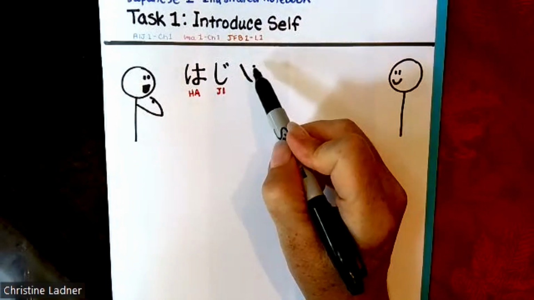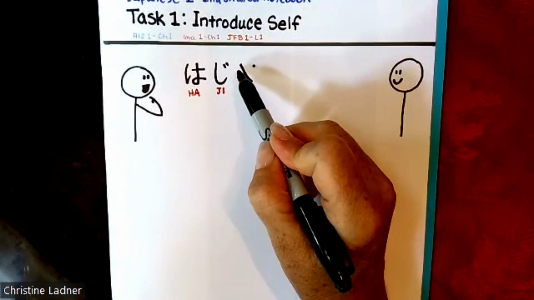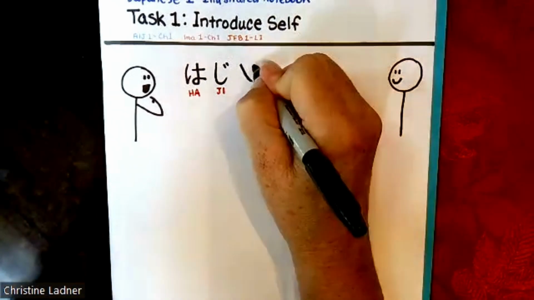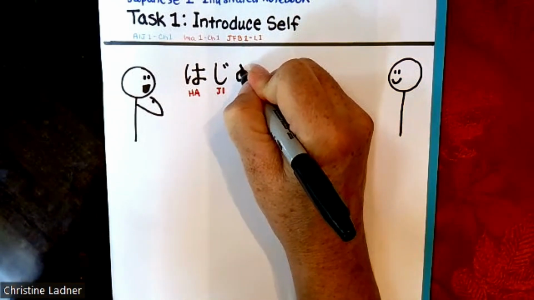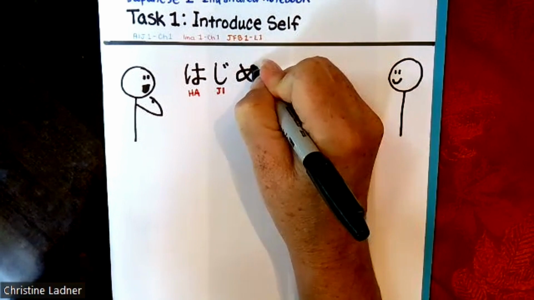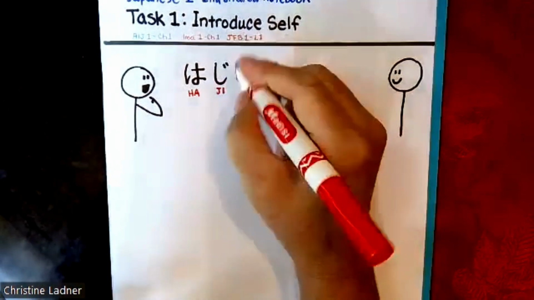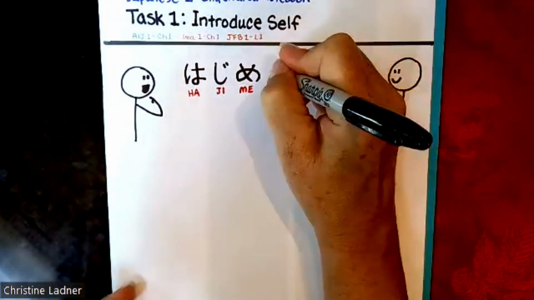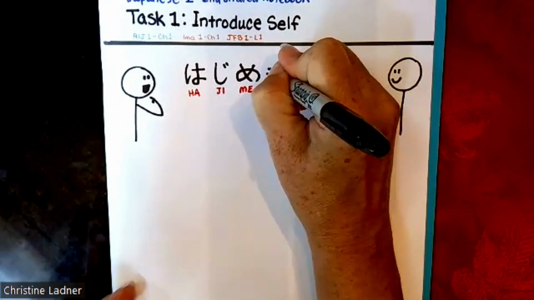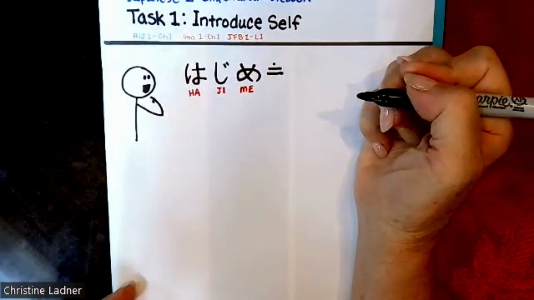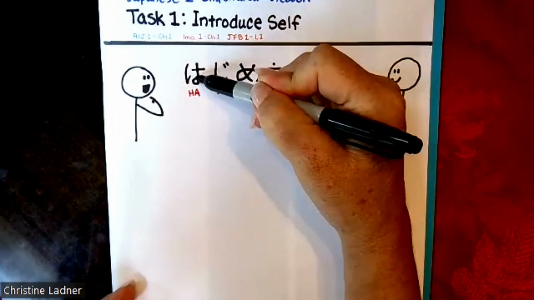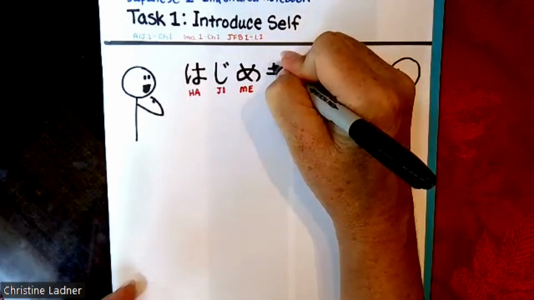And you're going to make like a fish shape, but the tail of the fish continues around. Me, Haji me. Ma, 2 lines, ma. Start up here, then go down and loop to the right, similar to this shape. Ma.